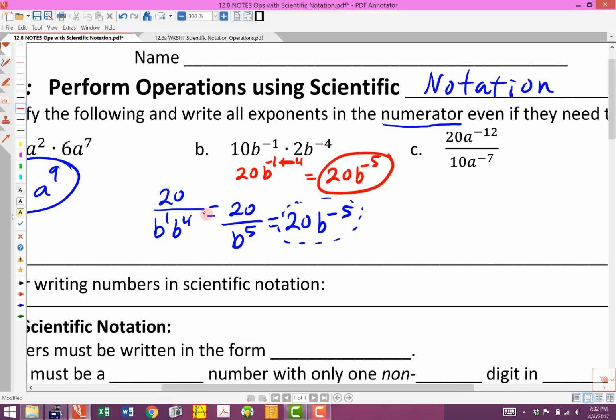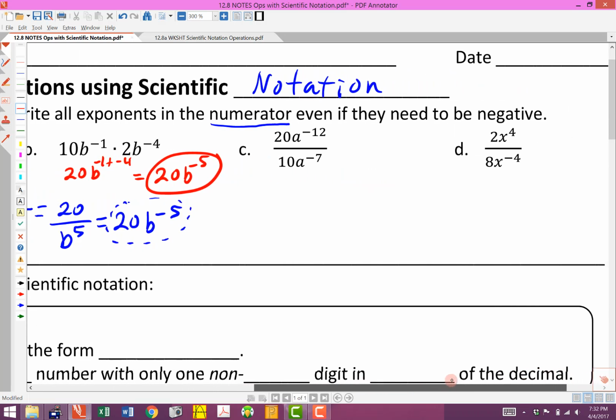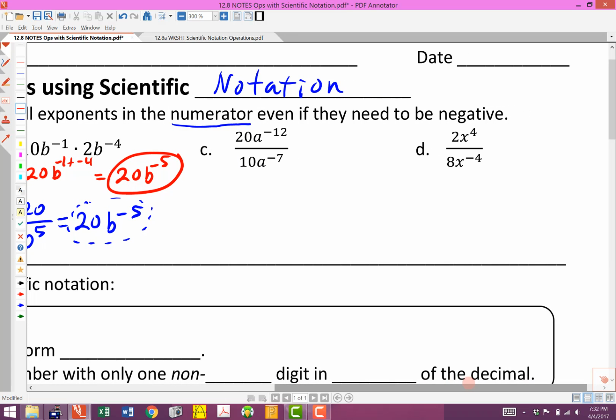So either way, whether we do this approach, which takes a little bit longer, or this approach where we're just applying the rules for exponents, that's going to be just fine. We're still going to get b to the negative 5. And again, we don't often write things with negative exponents, but we are going to here, and you'll see why in just a few minutes.